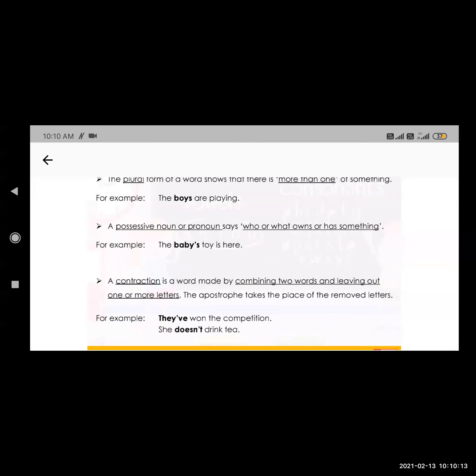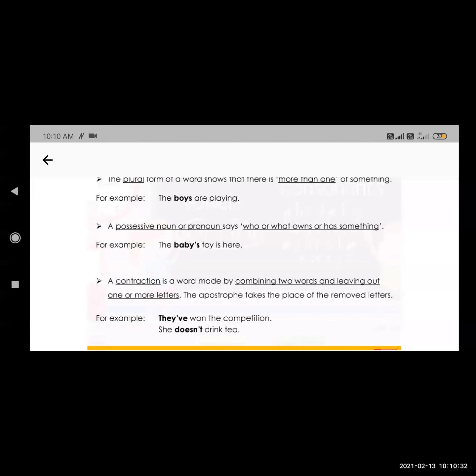Now the possessive pronoun shows that something belongs to someone or is owned by something. Like if the pen belongs to me, that means it's mine. It shows total belongingness. For example, the baby's toy is here.